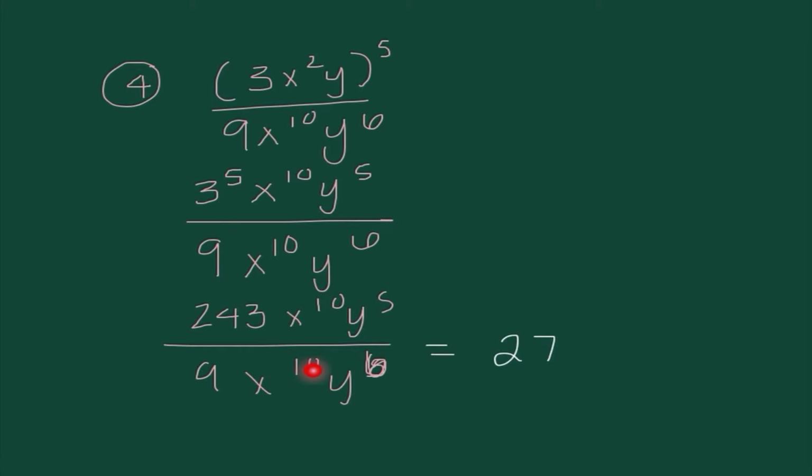Anything to the 0 power is 1, so our x's cancel out. Looking at my y values, when I battle those, my denominator has the higher exponent, and it's 1 higher, so I just have y in our denominator. So my final answer here is 27 divided by y.